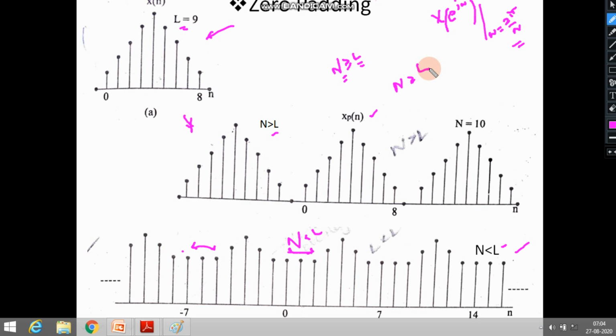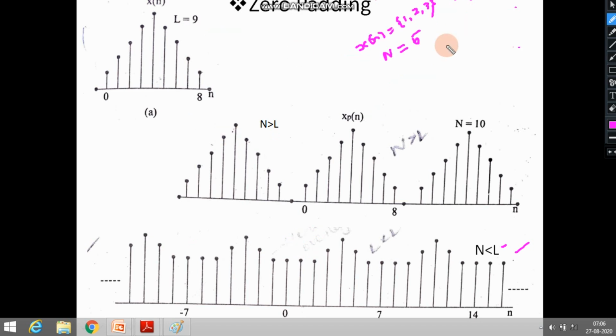The common procedure we follow is that N is kept nearly equal to the length of the sequence. Let x of n be the sequence 1 2 3, which contains 3 elements, that is, L is equal to 3, and N is equal to 5.